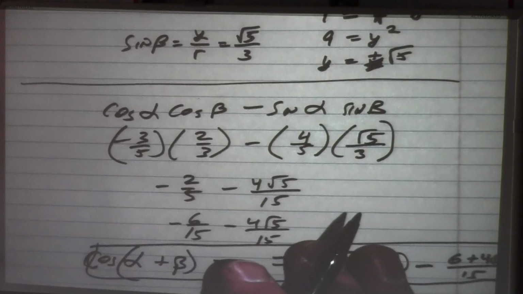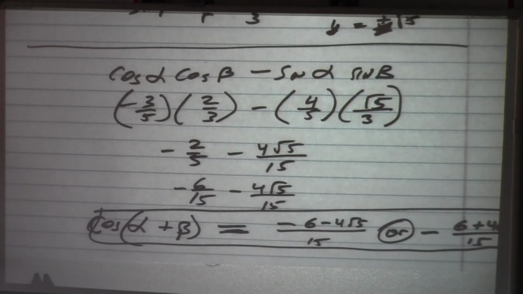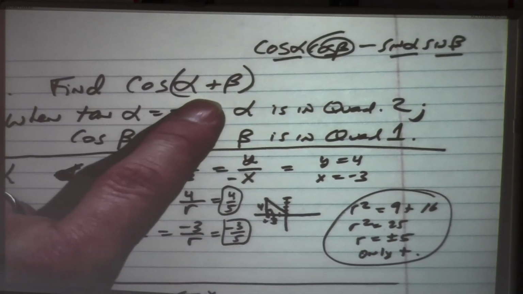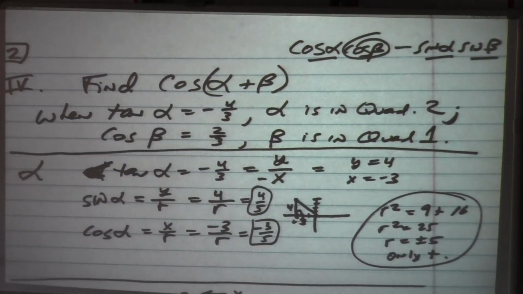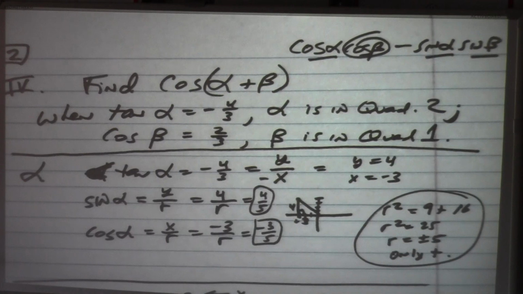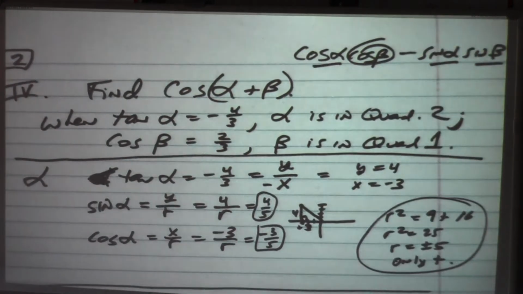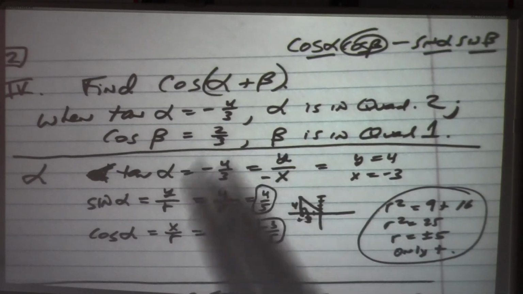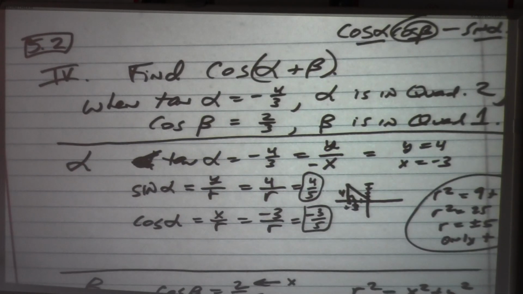Simply plug the numbers into the right formula and do the math with it. And that's how you do it when you're trying simply to come up with what the exact value is. And I could have written, actually, yes, it should always be exact value unless you're told different here. So when you're given information like that, that's how you do that problem. And that concludes section 5.2.